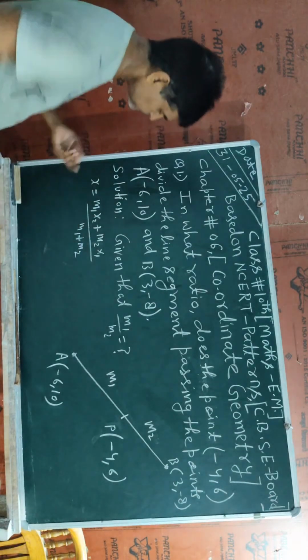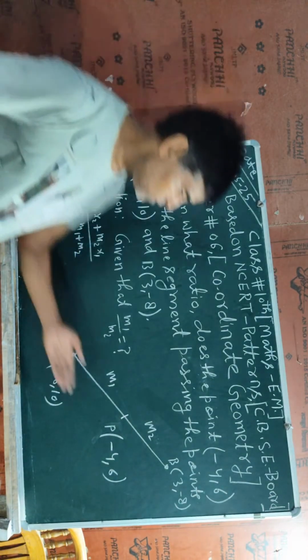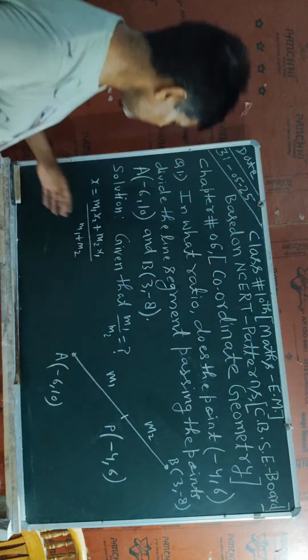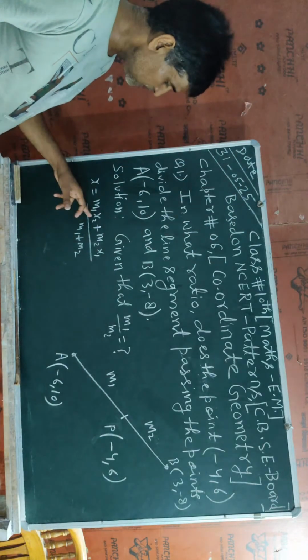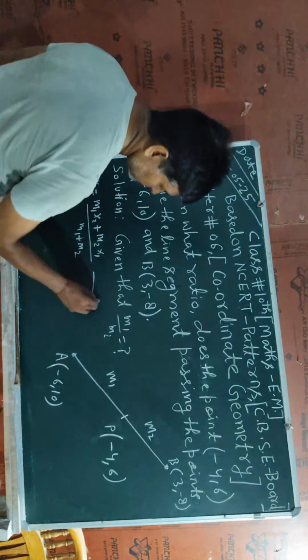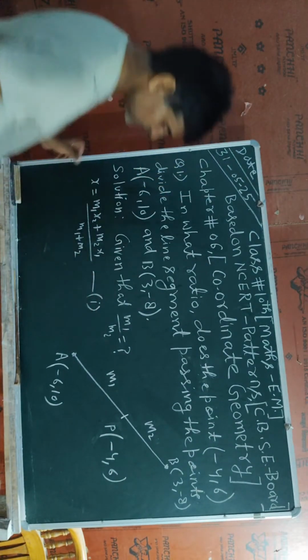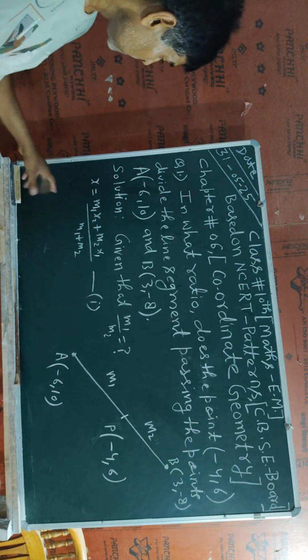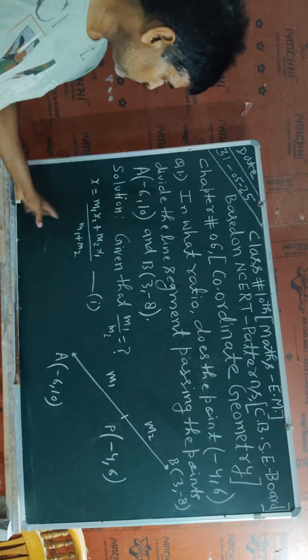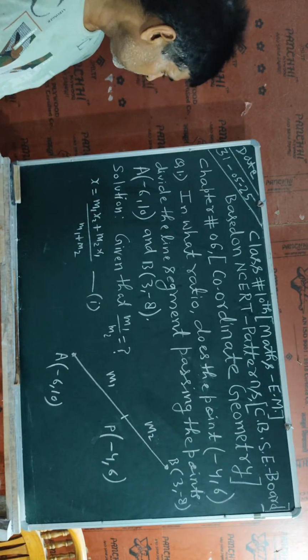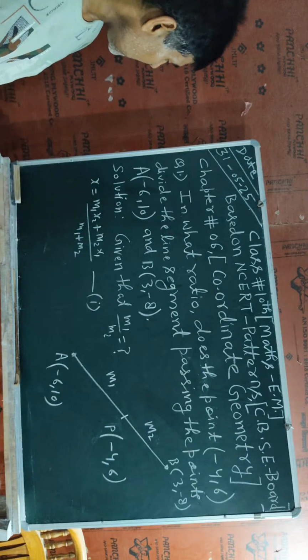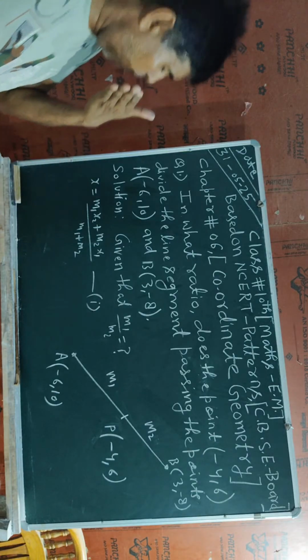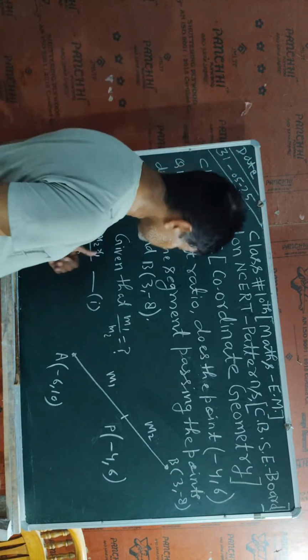This is the x coordinate of this point. This is equation number 1. Okay, I will substitute, putting the value of x1, y1, x2, y2, and also the value of x.